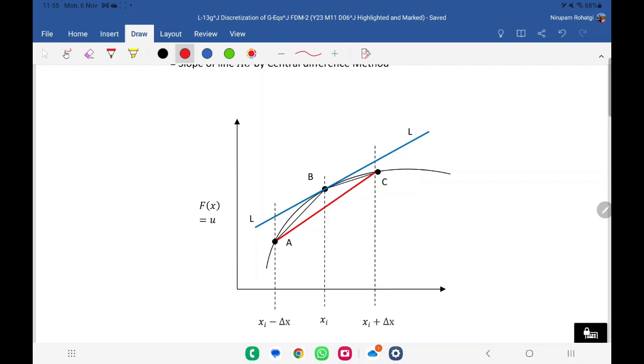This is your central difference, this one is your forward difference, this one is backward difference, and this is your actual.